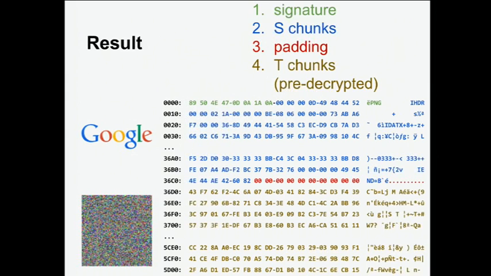So this is how it works. We have this file made of the original signature, the logo chunks, the Google chunks, and some padding, and the pre-decrypted chunks of the DuckDuckGo picture.